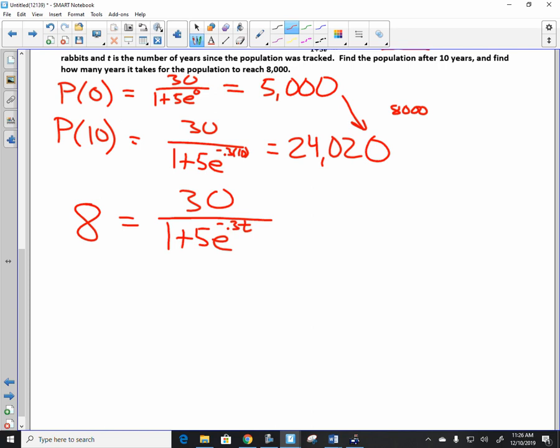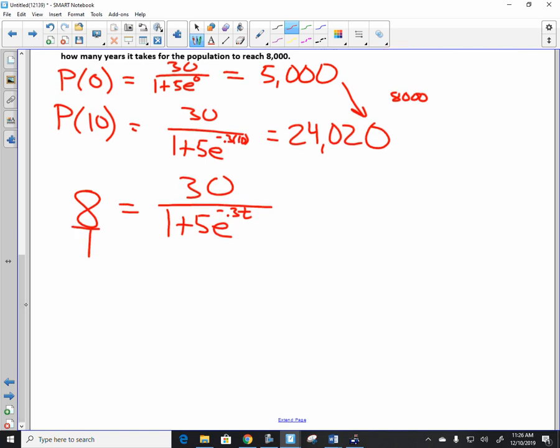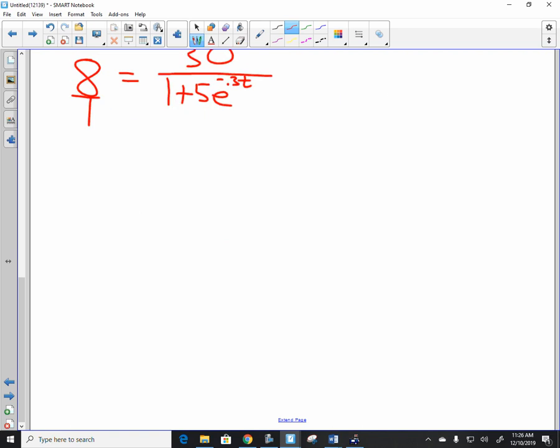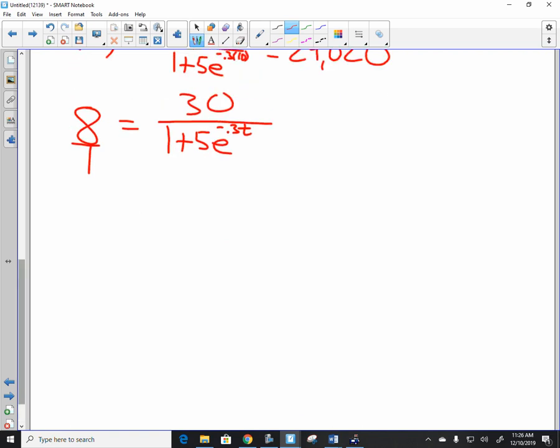It looks similar to one on your assignment from yesterday, because I'm trying to prepare you for what you're going to see. How do you solve it? If you have a fraction, set it equal to another fraction and cross multiply. When I do that, I get 30 is equal to 8 times 1 is 8, plus 8 times 5 is 40, e to the negative 0.3 t.